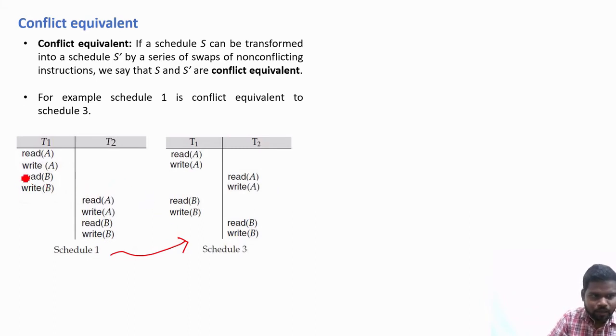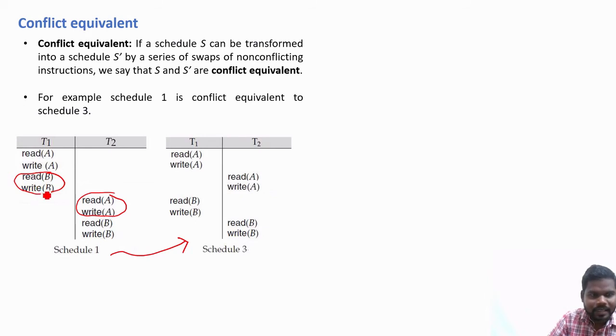See here, these two instructions and these two instructions of transactions T1 and T2: these two are working on data item B and these two are working on data item A. Since they are working on different data items, these instructions are non-conflicting, so we can swap them.